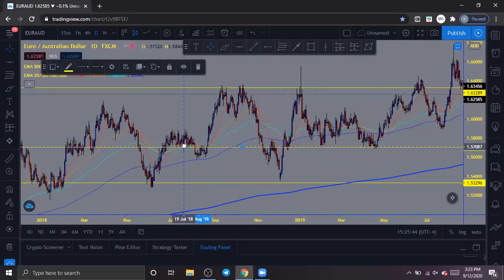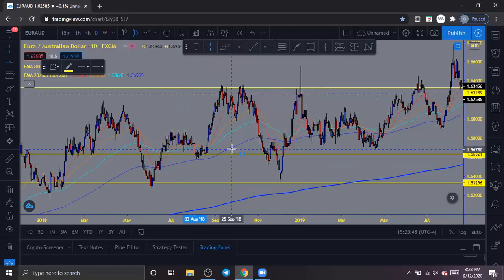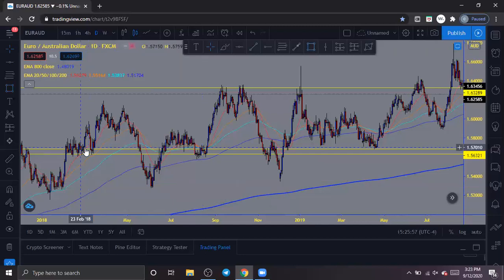So for example, this support area right here, this whole area of support, right? Because this whole area right here is the area where price basically is sitting there at the floor, so being supported, right?